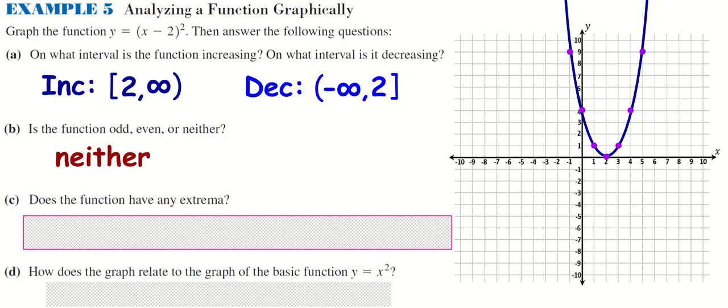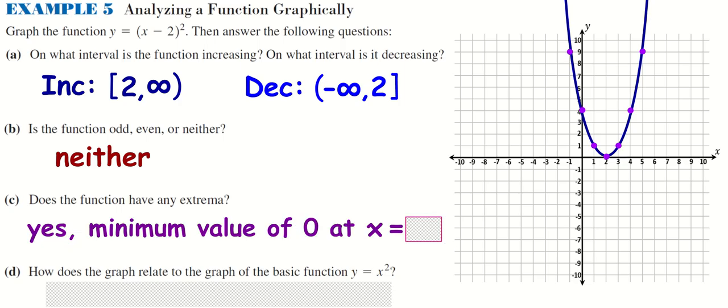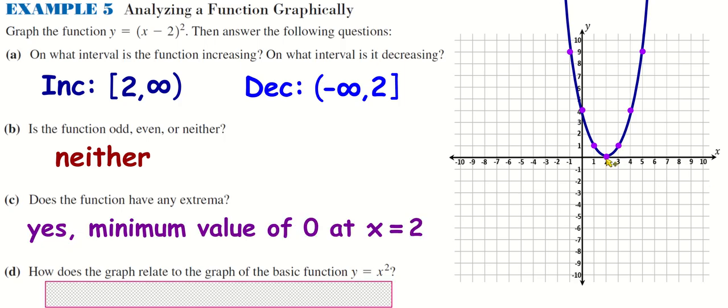Does the function have any extrema? Remember, extrema means mins or maxes, relative or local mins or maxes, or potentially an absolute min or an absolute max. And yeah, this has a relative minimum, which also happens to be an absolute minimum. So it's a minimum value of 0.